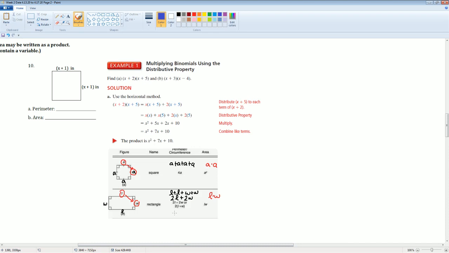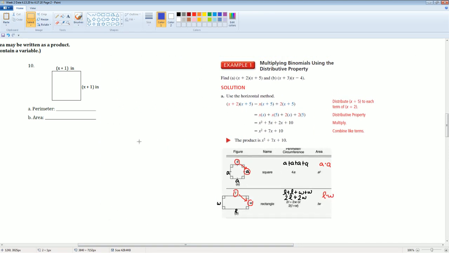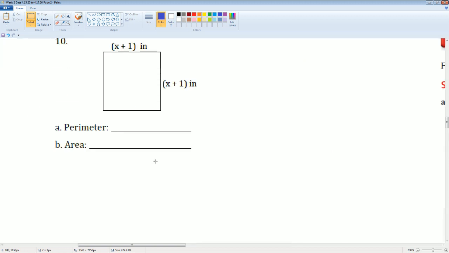This one, I'm going to just move the notes a little bit here, if you need it. Same thing here. All right? So let's just write down the formula.